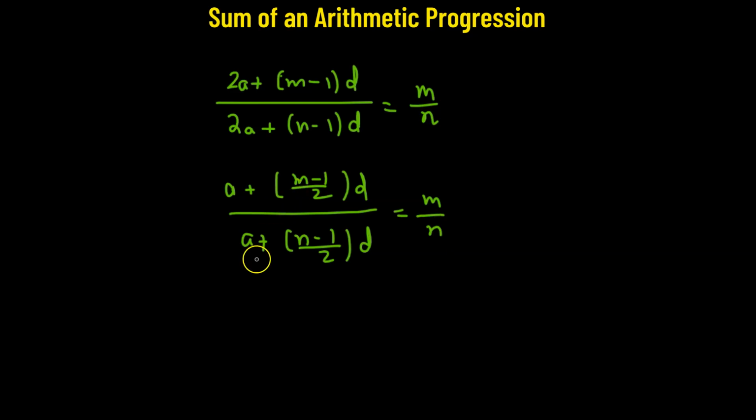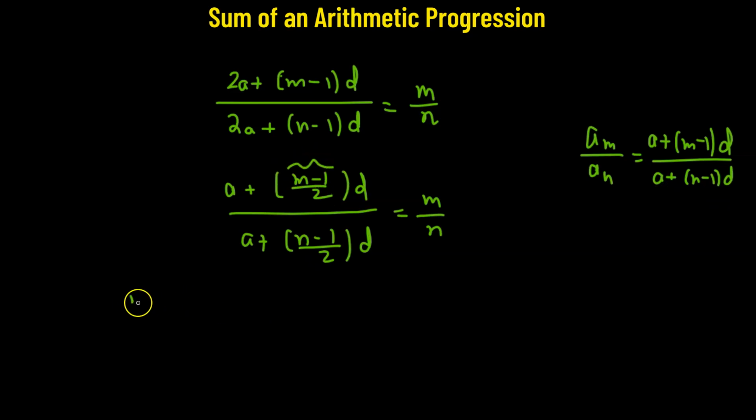Now our whole idea was to find the ratio of the mth term to the nth term. Using the general formula, this must be a plus m minus 1 times d divided by a plus n minus 1 times d. So in a sense, this expression m minus 1 over 2 must be equal to m minus 1.